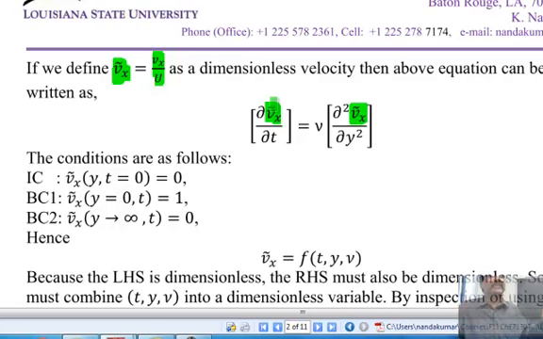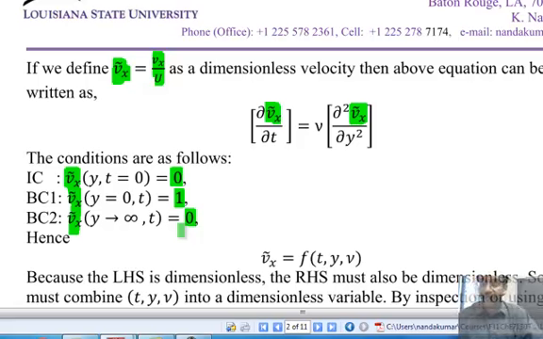Now we need to subject the boundary conditions and initial conditions also to the same transformation, and that becomes: the initial velocity is still 0, so 0 divided by u is still 0, and the velocity at the plate, originally it was u, but in dimensionless form it will be u divided by u, which is equal to 1, and far away it is still 0. Okay, the dimensionless velocity is also 0.